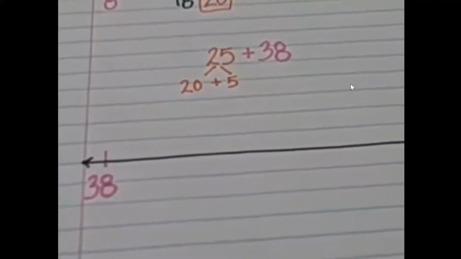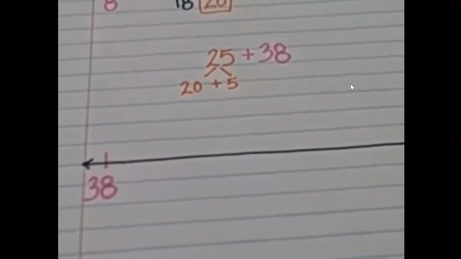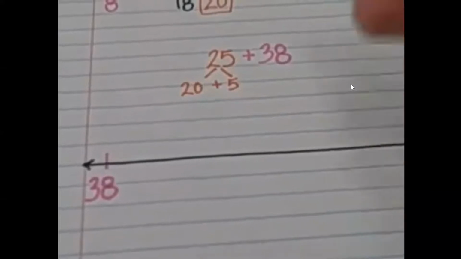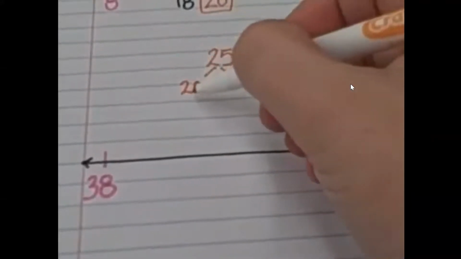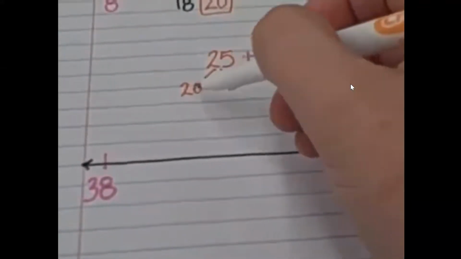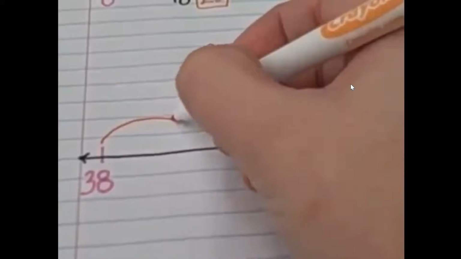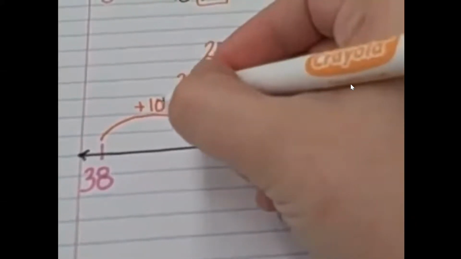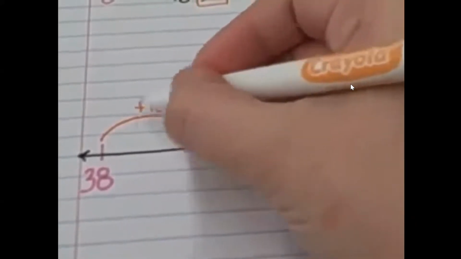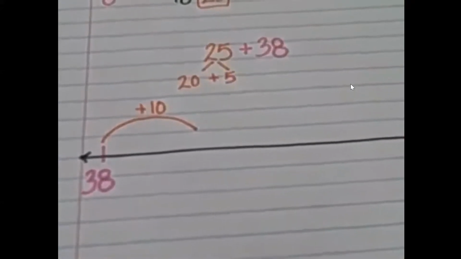Now, if your child does not think they're able to add the full 20, they can decompose that 20 into 10 plus 10. And I'll show it that way for you so you can see how that works. So I'm going to make my first jump plus 10. Now I'm doing plus 10 because 10 plus 10 will equal 20. So I'll do a second jump of 10 also.